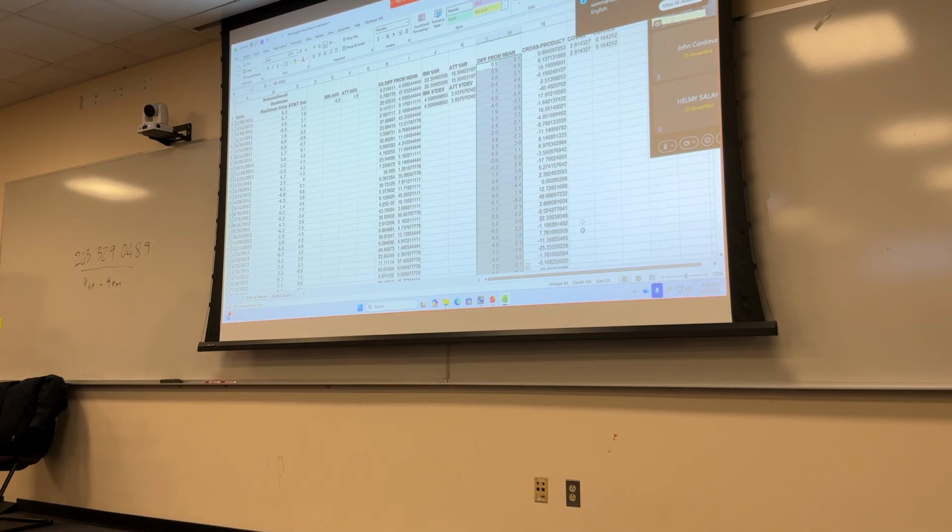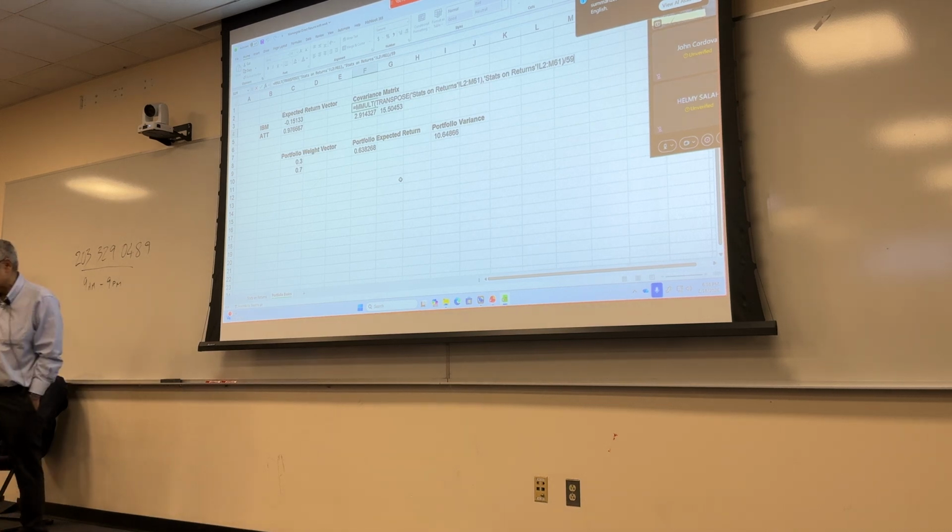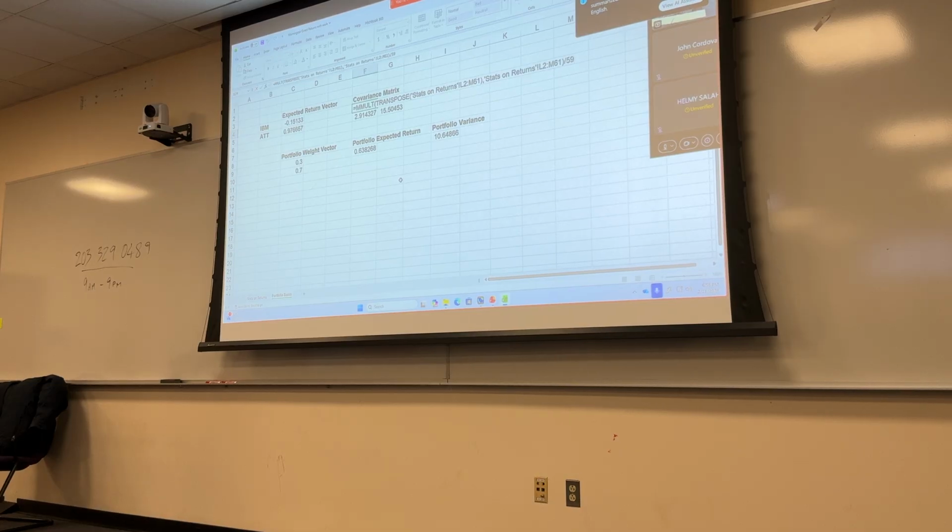So let me go back here. See, when you have 100 stocks and you want to enter the formula for expected return for the portfolio without using matrices, you basically enter 100 terms, which I guess is doable.